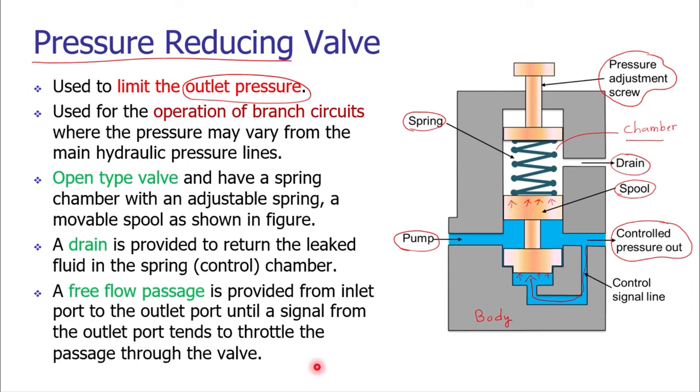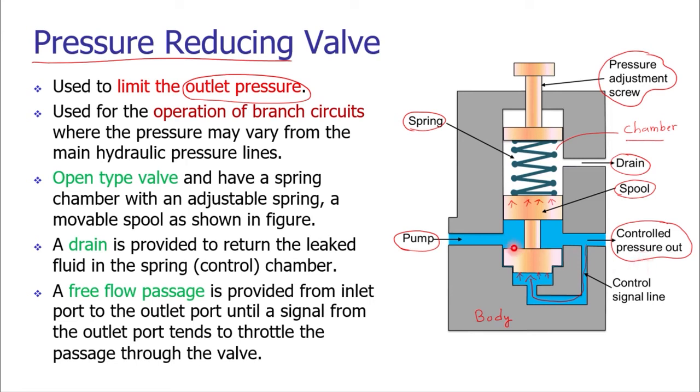Thus we can summarize that the pressure reducing valve allows free flow of pressurized fluid from the pump to the controlled pressure outlet until a signal from the outlet port asks to throttle the passage through the valve.